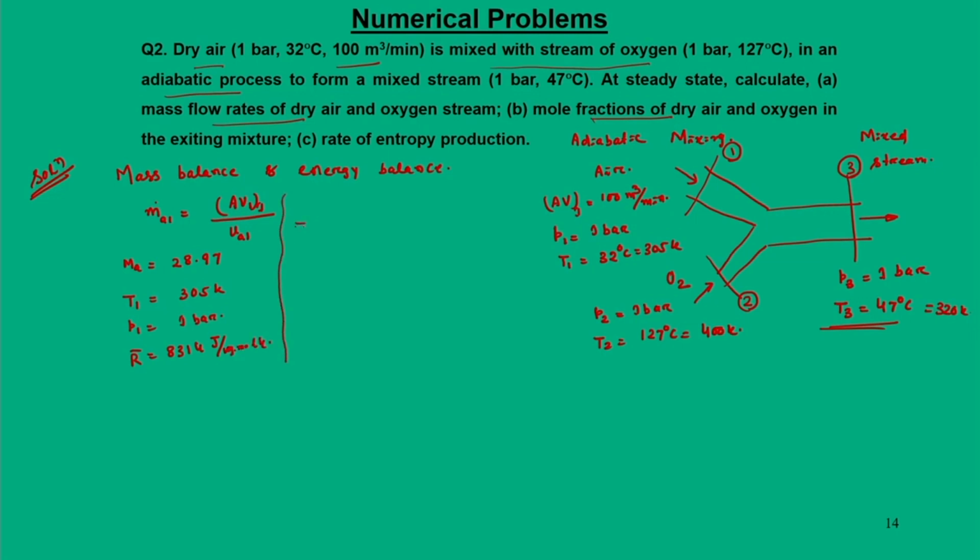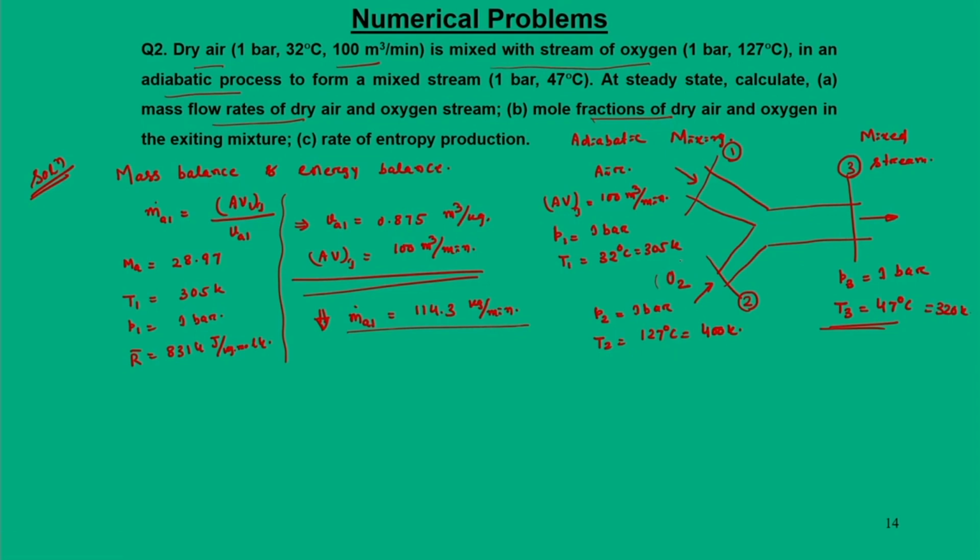This will give you the specific volume v A1 as 0.875 meter cube per kg, and we have the volume flow rate of 100 meter cube per minute. These two pieces of information give the mass flow rate of air, m dot A1, as 114.3 kg per minute.